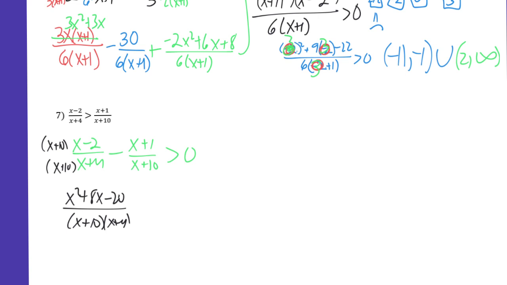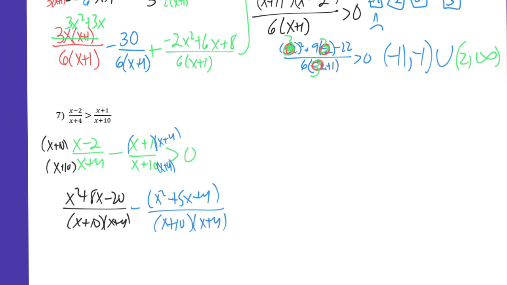We're going to multiply the second fraction by (x plus 4) over (x plus 4), and then we have to distribute a negative 1 to it. So we're going to do that in a second. Okay, so you get x squared plus 5x plus 4 over (x plus 10) and (x plus 4).